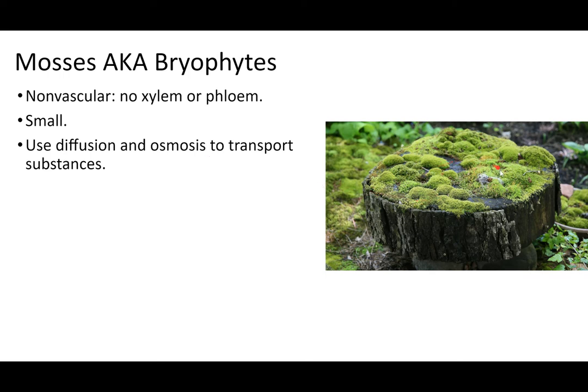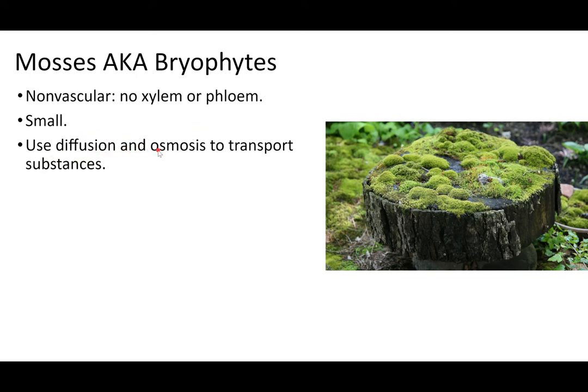So if we take a look at the moss here, right, they do not grow very tall. They can grow wide across, so this moss here is growing across this entire stump, but it is not growing very tall because every single cell needs to be able to get water and nutrients. And the only way we can do that is through passive transport.